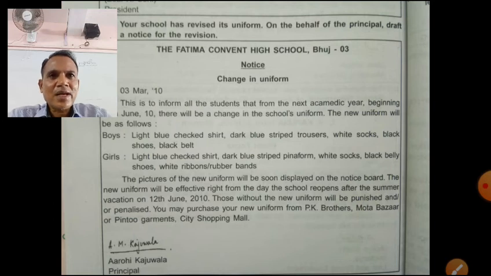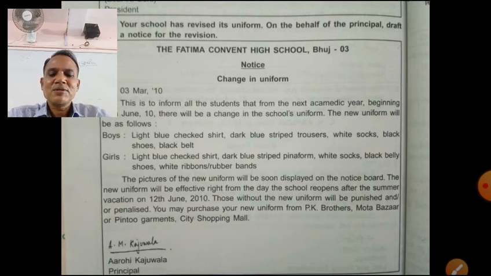So whenever you write a notice for any function or event, you have to keep these points in your mind. For example, date, time, place of the event, who can participate in the function. Next, rules and regulations such as dress code, what to carry, etc.